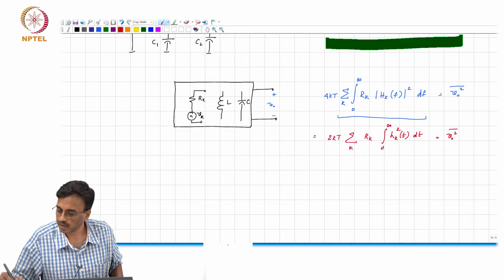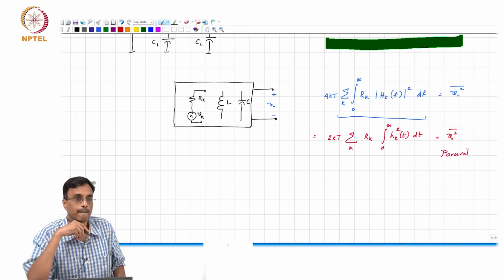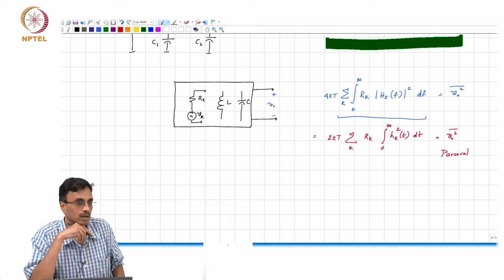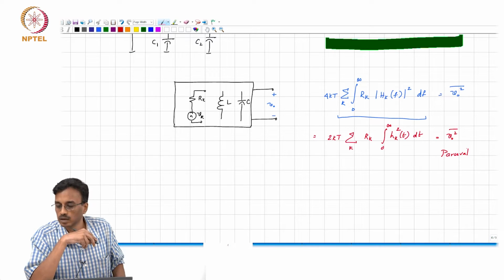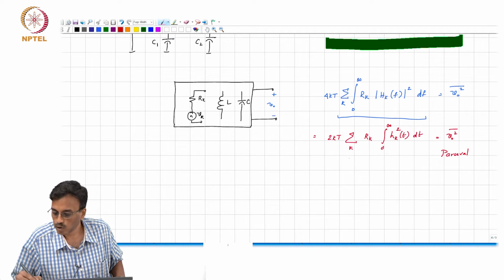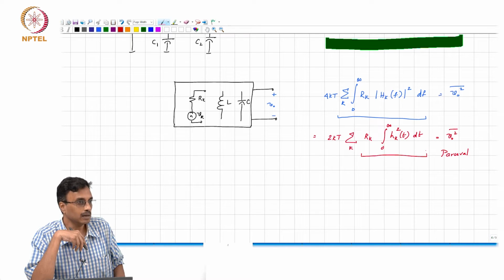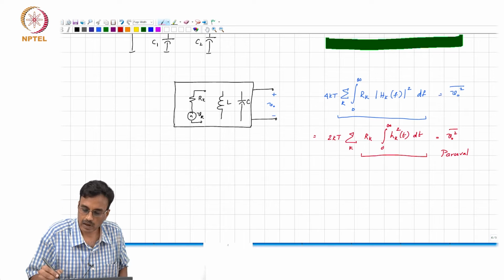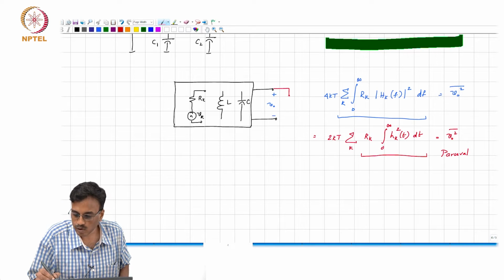So, this is Parseval. Correct? Okay. So, we have reduced the problem to finding this integral, correct, and we still have not used reciprocity.